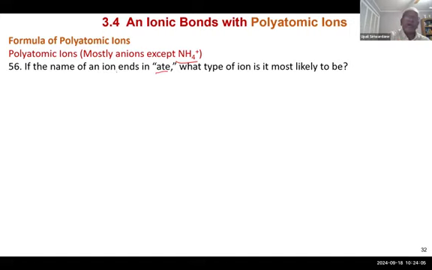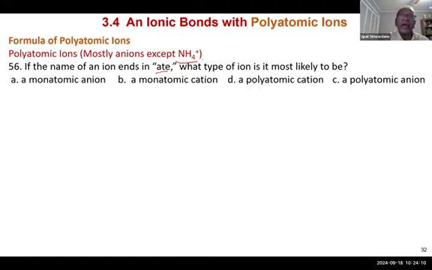If the name of a polyatomic ion ends in that, it's most likely to be an anion. Cations don't have that. Monoatomic ions have only one atom, like chloride, bromide. So C is the correct answer.